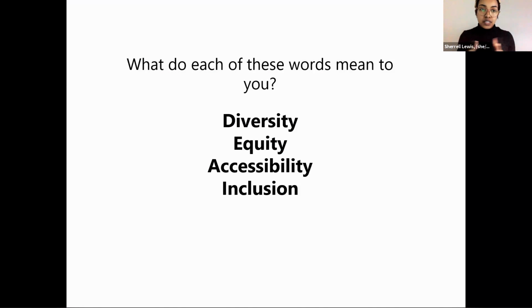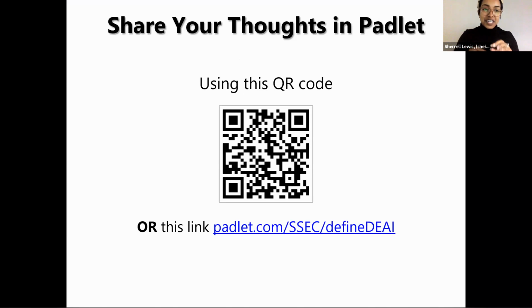We wanted to start this conversation by learning a little bit about what you believe and how you define these terms. So we are going to, next slide, ask you to define the terms diversity, equity, accessibility, and inclusion by accessing a Padlet. So you can use the link that will be dropped in the chat in a moment, or you can use this QR code to travel over to our Padlet that has a depiction of DEAI that we want you to reflect on as you define the terms.